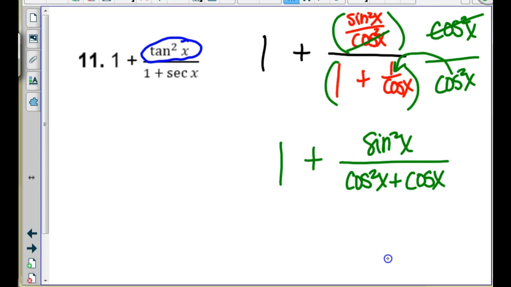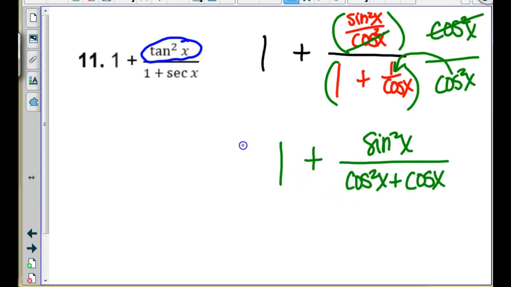All right, now what do you want to try? To what? But it wouldn't have a common denominator. This is the common denominator, right?